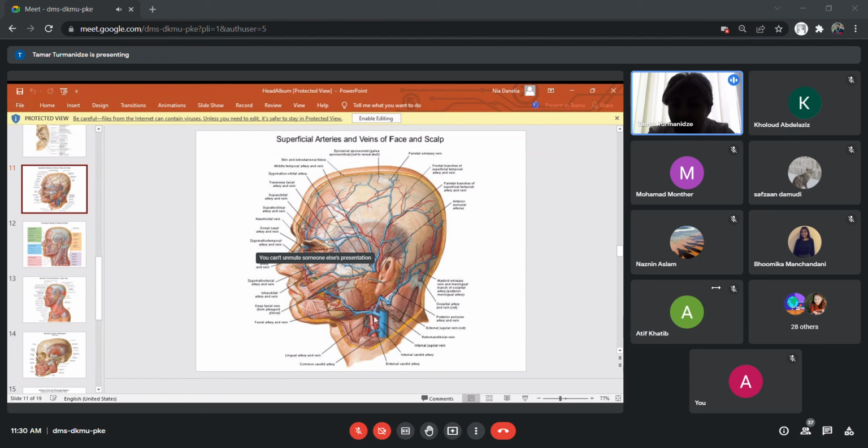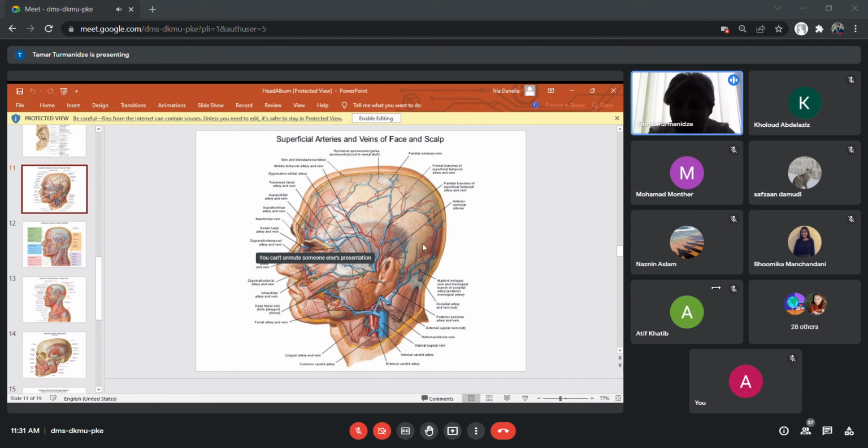The external and internal carotid arteries are branches of the common carotid artery. In the neck region, in the carotid triangle, the common carotid artery gives off the external and internal carotid arteries. The external carotid artery gives off branches, and most of them supply the head region.